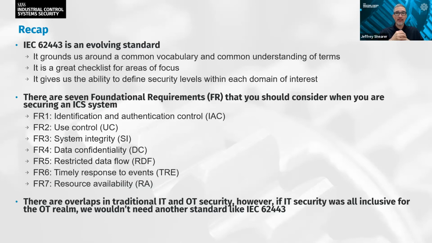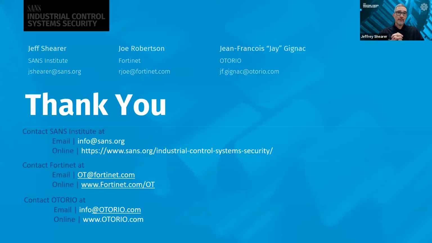There are about seven things that you should consider when you're thinking about securing an ICS system. And of course, there are great overlaps with IT systems, but IEC was created to specifically address in very major detail what the differences are between an OT system and an IT system, and what the considerations for it are.